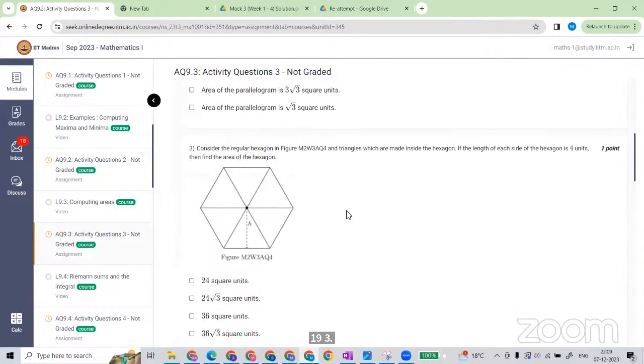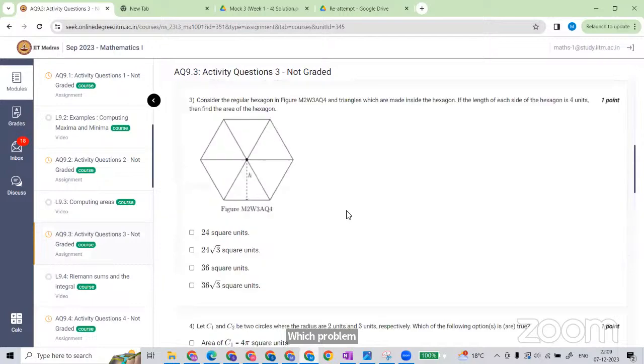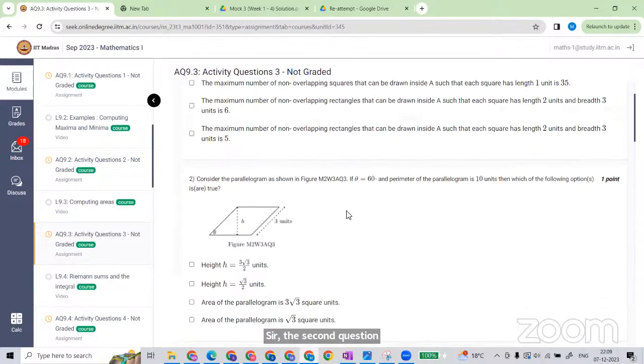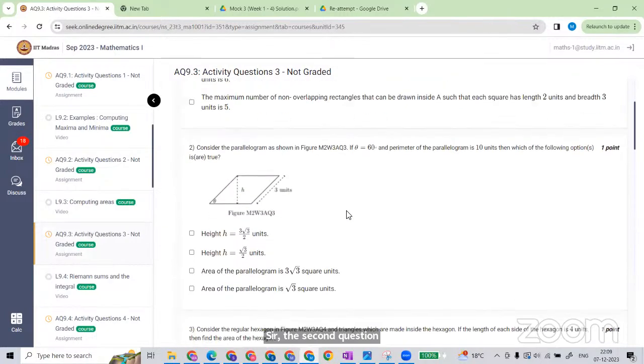Which problem? Sir, the second question. Actually, I tried to solve that question, and I solved a little bit, but I'm not able to find the height. But when I tried to reverse it from the answer, it is correct.